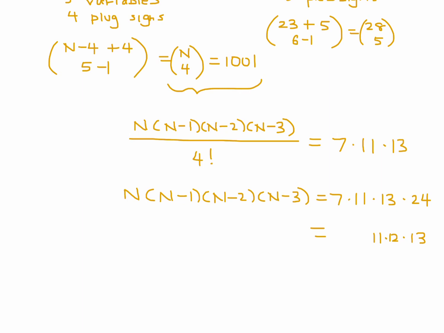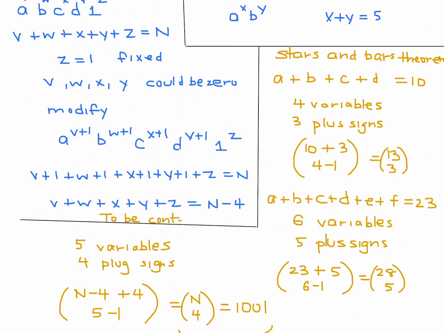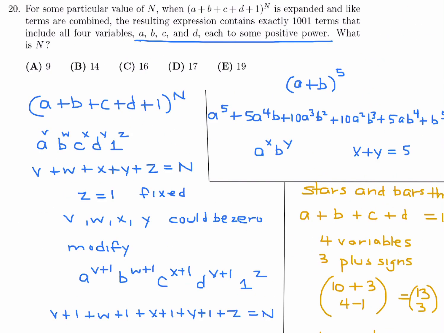That would give me 2. And then that 2 combined with the 7 would give me a 14. Perfect. So if you manipulate it a little bit, you can see. So that means that, let's see here, this is n minus 1, this is n minus 2, and this guy is my n minus 3. And therefore n is 14. So that is the answer to the question. Number 20, the answer is B.